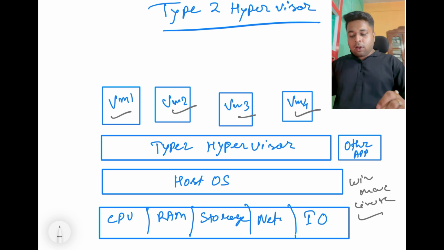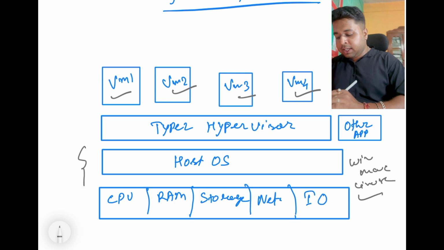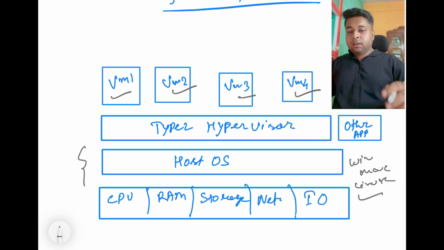But why is it type 2? Because it has an intermediate layer of operating system between your hardware and the hypervisor. Is that wrong? Actually, it is not wrong, but it wastes compute power, because your operating system also runs some processes that limit the full potential of your hardware.